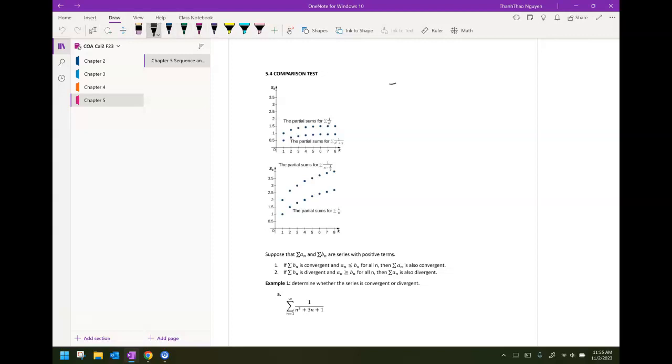the term 1 over n squared is greater than 1 over n squared plus 1. Right. And this is greater than 0.